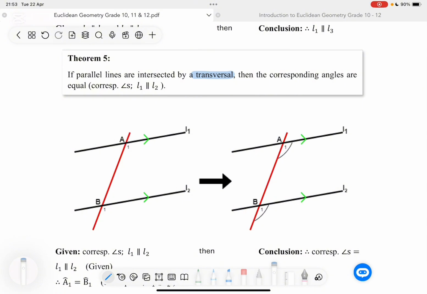Corresponding angles will be angles that are on the same side of the transversal and the parallel line. What I mean by that is that if we look at the transversal here, this angle A1 is to the right of the transversal. And if we look at this line L, this angle here is below that line.